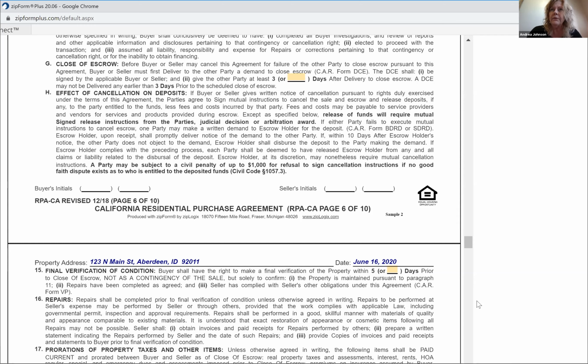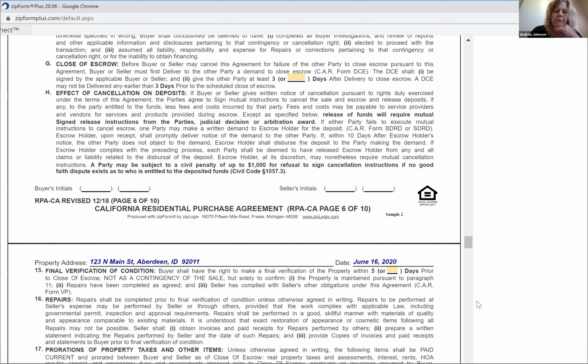Same with seller. If buyer is canceling within their rights that we've discussed over the course of reviewing this paragraph, the seller refuses to sign the cancellation or wants a part of buyer's deposit, they're not entitled to one dime if buyer is canceling within their rights.